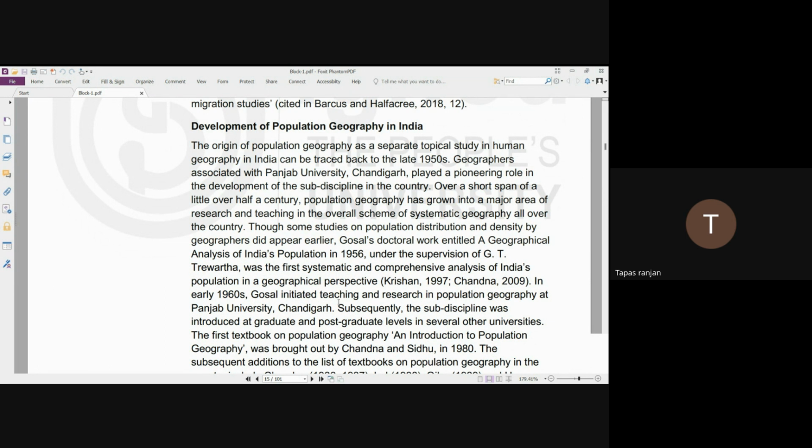A lot of universities came up with population studies departments, and that led to the development of studying population dynamics in India. But mostly, for population geography, it is Punjab University who started the department, and you can also go through Ghosal's doctoral work.